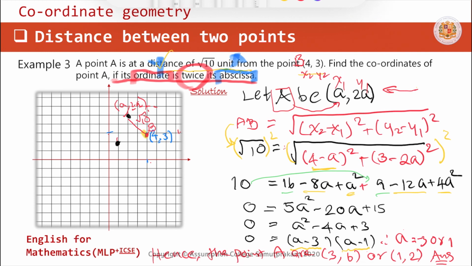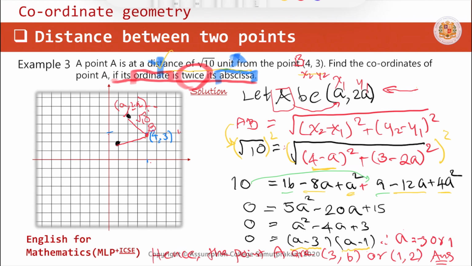It can only be those 2 points which satisfy the problem. They are square root 10 from the point 4, 3, and the ordinate is twice the abscissa. Okay, so there are 2 possible points, 1, 2 and 3, 6.